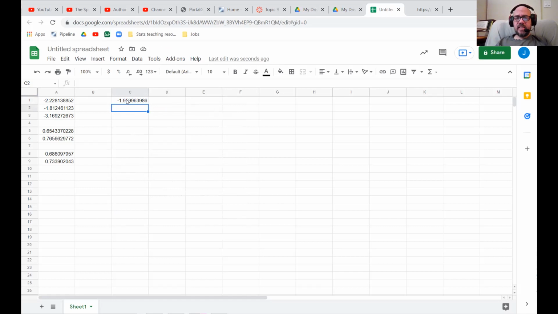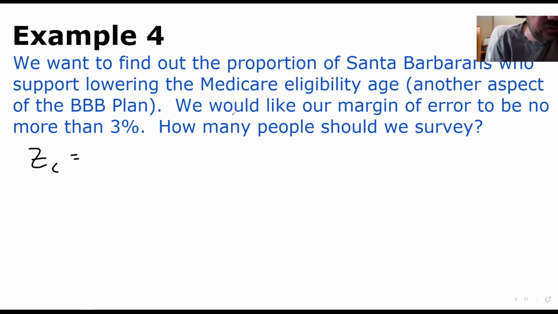So this is my Z critical value. It's the number of standard errors I have to go on either side of the mean to capture the area that I want. So let's go do that. Z sub C is 1.96.